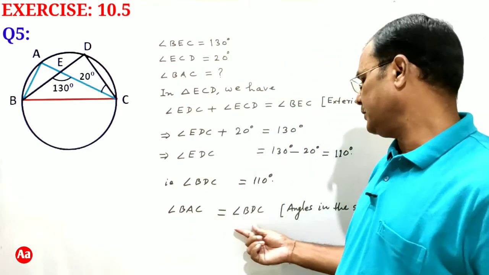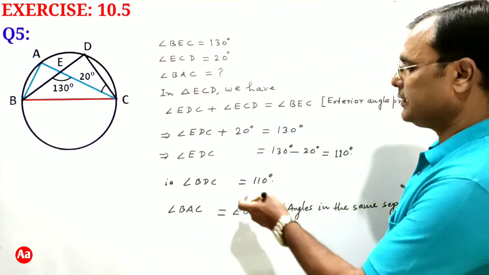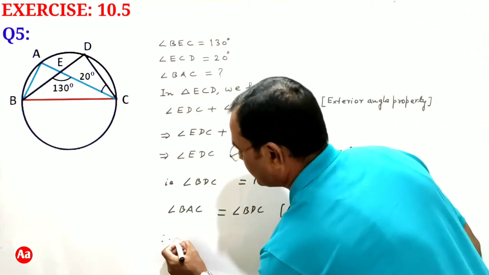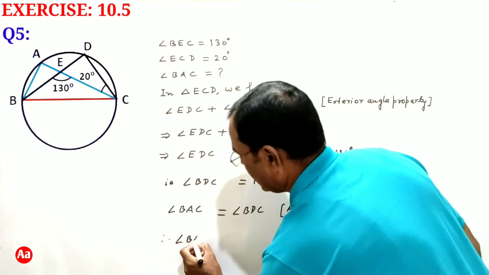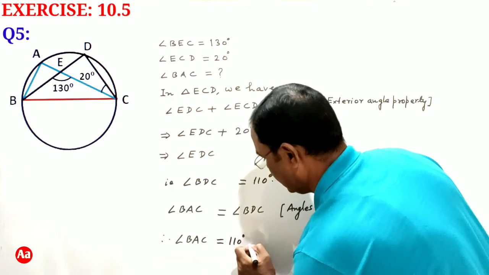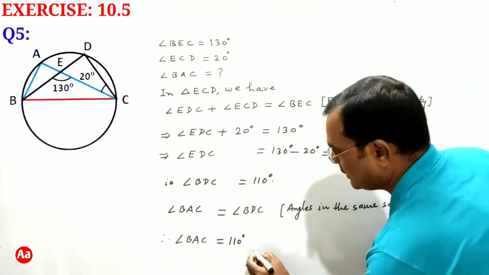So BAC is equal to BDC. BDC we have already found 110 degrees. Therefore angle BAC is equal to 110 degrees, and this is the answer.